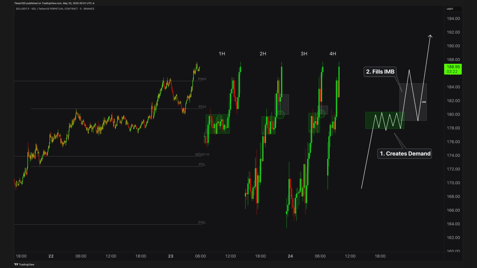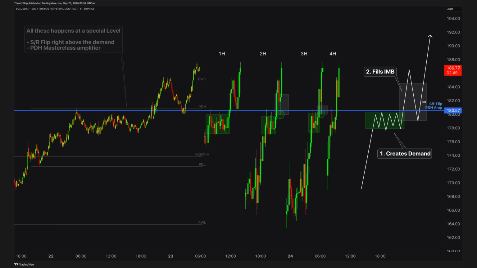Then price taps or fails the multi-level imbalance points, which we identify with our lovely indicator. And all these happen at a very special location, support and resistance zone, basically the PDH, previous day high. All these give you the A++ location to seek trades.